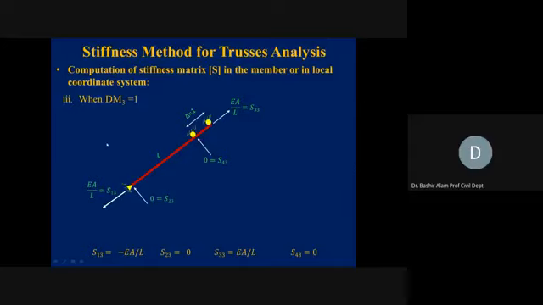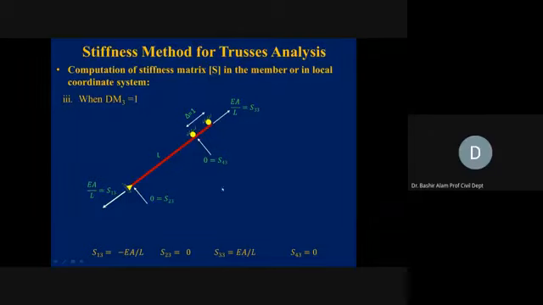Now the designation of the actions produced along DM1 will become S1 due to 3, S2 due to 3, S3 due to 3, and S4 due to 3 here. Again, using PL over AE, we can use that equation, and S13 will become equal to EA over L.